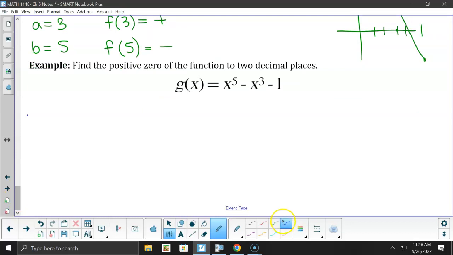You need to find me the zeros, but you have to use the calculator. Do we know how to find the zeros within the calculator from a graph? Second trace, yeah.